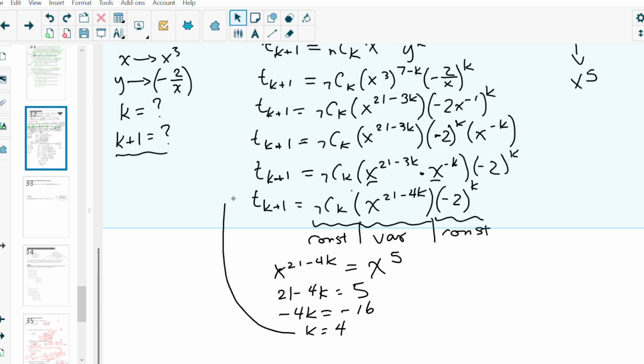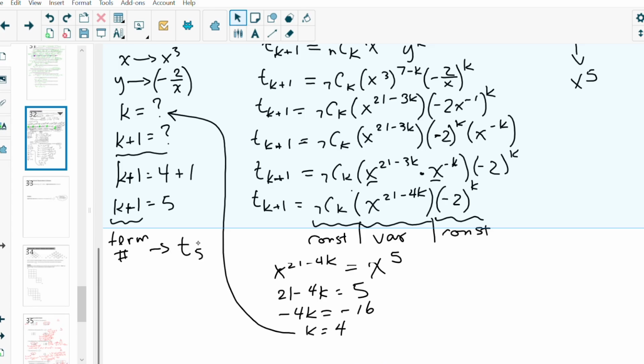Okay, so back to here, if k equals 4, k plus 1 equals 4 plus 1, k plus 1 equals 5. Remember we said k plus 1 is your term number. So we are talking about term 5. So term 5 has the x to the fifth.